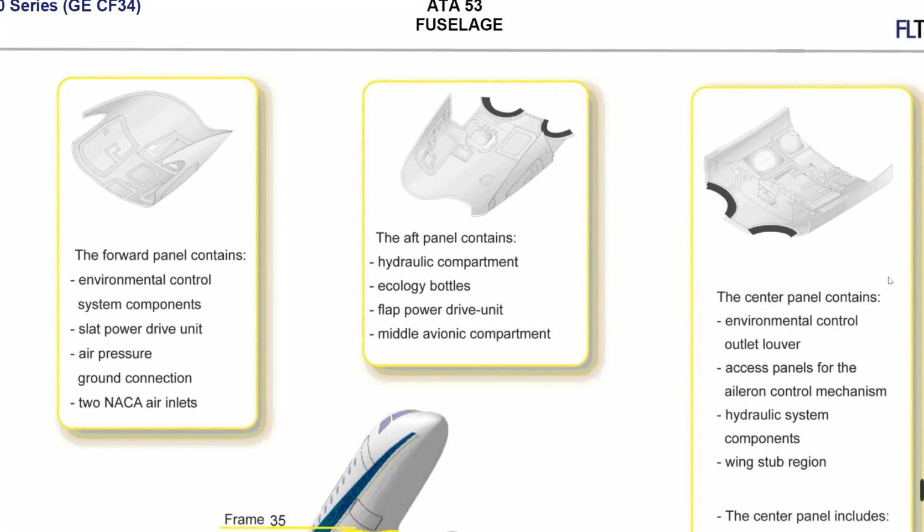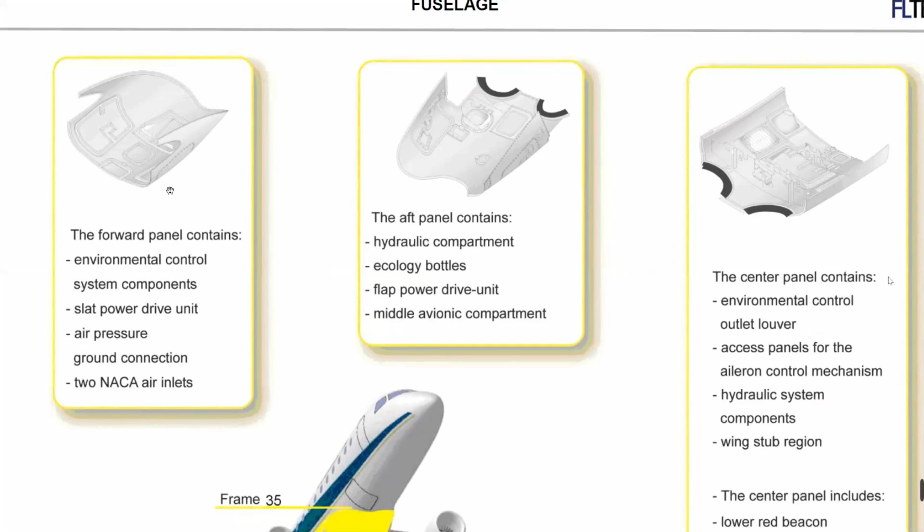So what is specific between the different panels? The forward panel is covering the air conditioning pack components, environmental control system components, as I said. Slat PDU, we have the ground connections for the high pressure and low pressure, and we have two NACA air inlets. These two NACA air inlets are actually the inlets for the air conditioning packs, for the cooling of the heat exchangers.